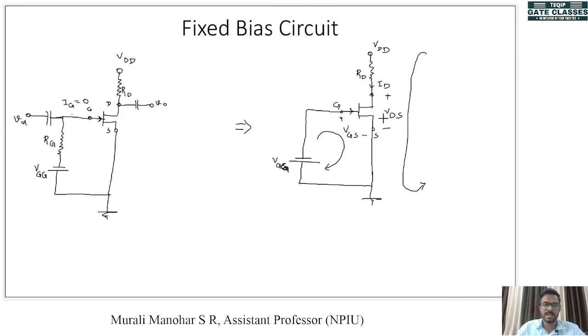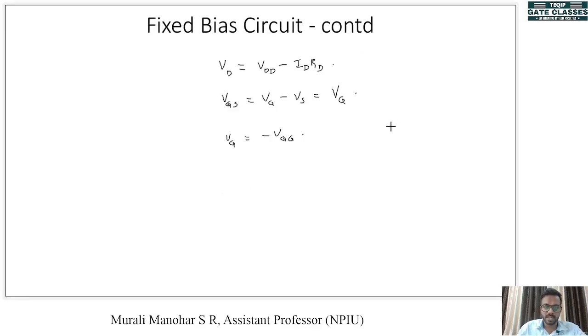So this is fixed bias circuit because we know that if we draw the characteristics of this circuit, this is ID, this is the transfer characteristics, so this is VGS, and the characteristics will look like this. This is IDSS and this is VP. So in this characteristics, let's say this is VGG.